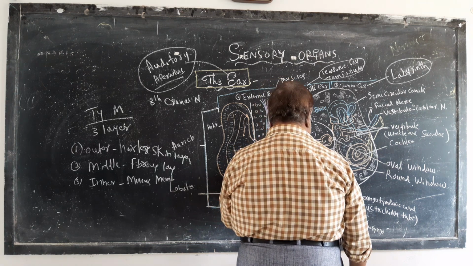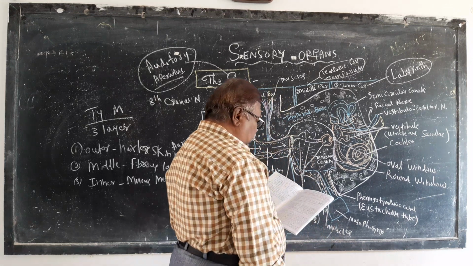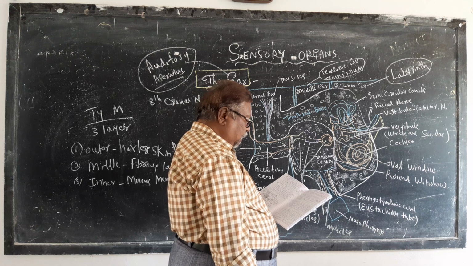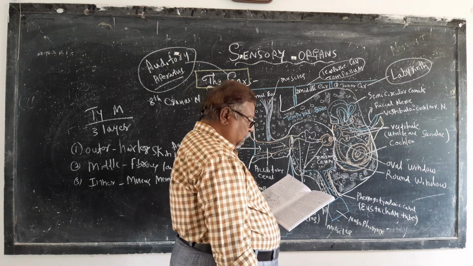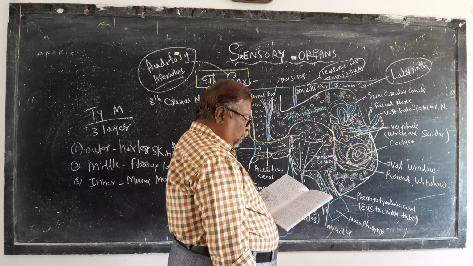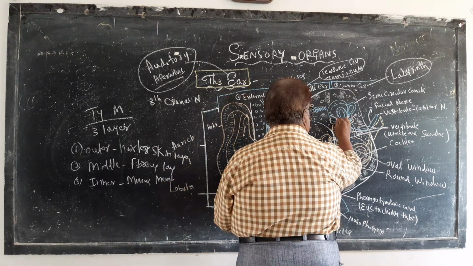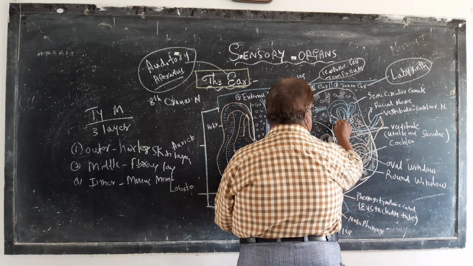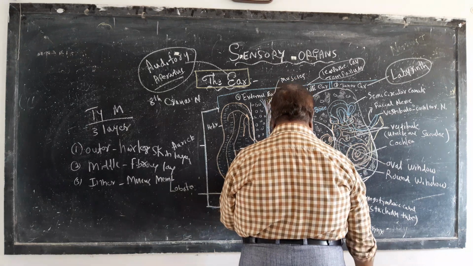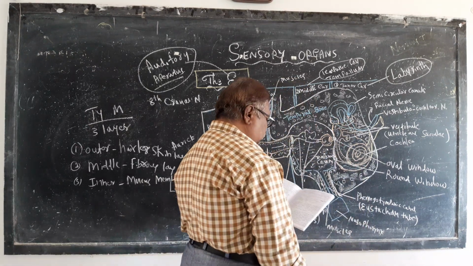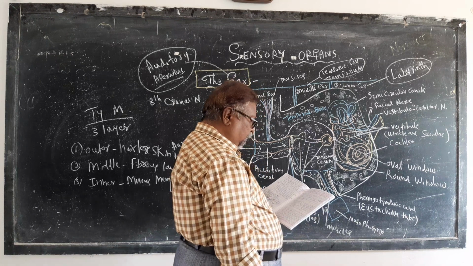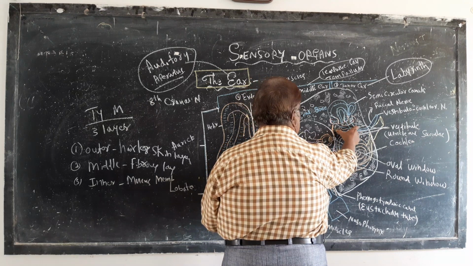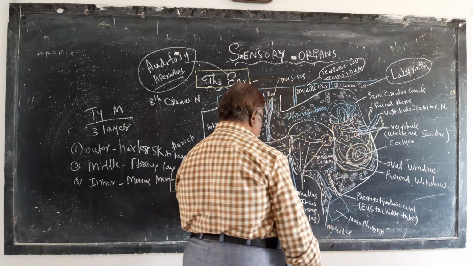And the membranous labyrinth contains sacs and ducts filled with a fluid called endolymph. These are the sacs, 1, 2, 3, which contain the endolymph. It is suspended within the bony labyrinth.